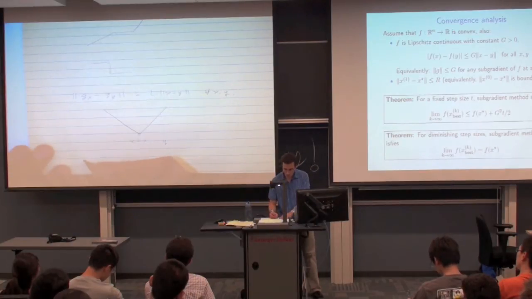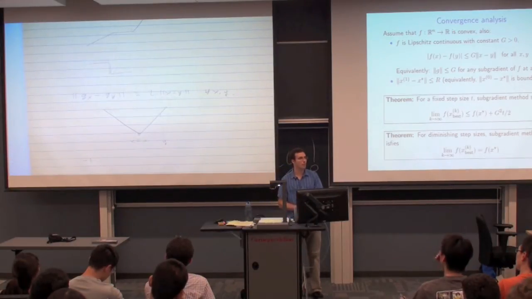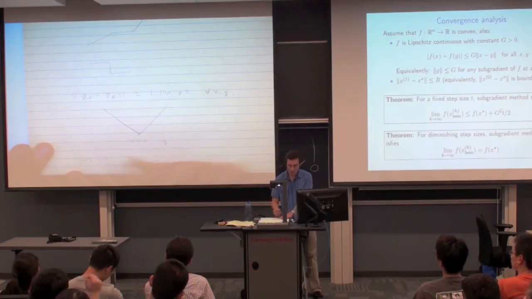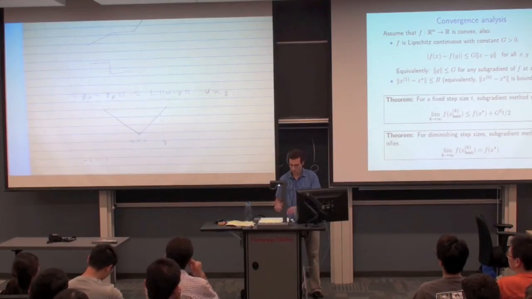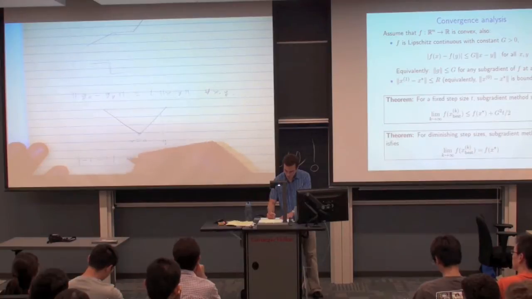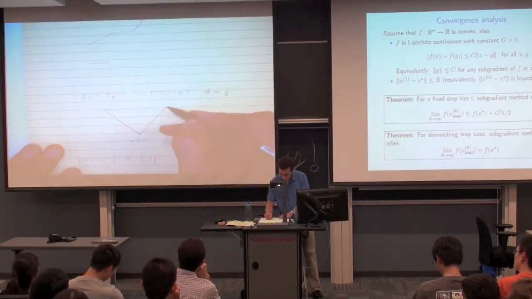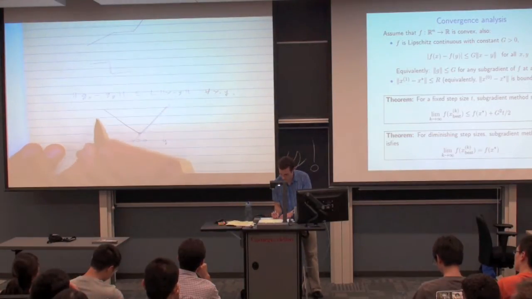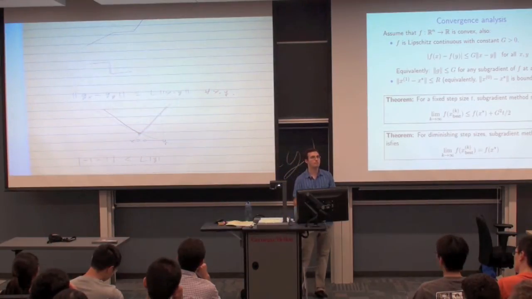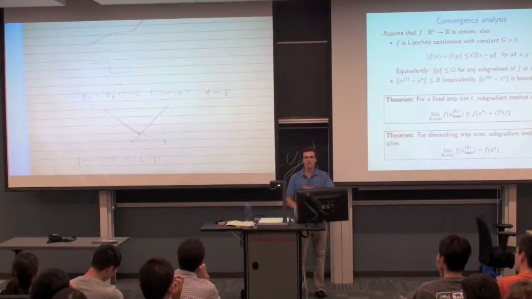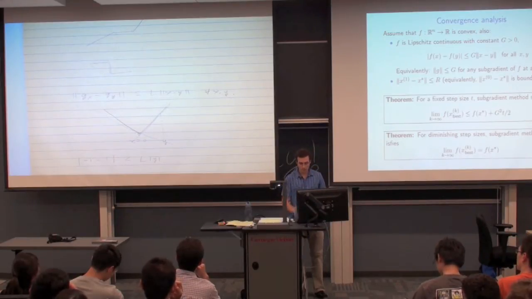Because, for example, -1 is a subgradient, and 1 is a subgradient for any y that's positive. So that's like saying that 2 has to be smaller than or equal to L times x minus y, which is just y. That's definitely not going to be true for any fixed L. I can take y as small as I want, and this slope and this particular subgradient at 0, which is -1, are never going to match up. So we can't place the same kind of conditions in terms of subgradients on the functions.